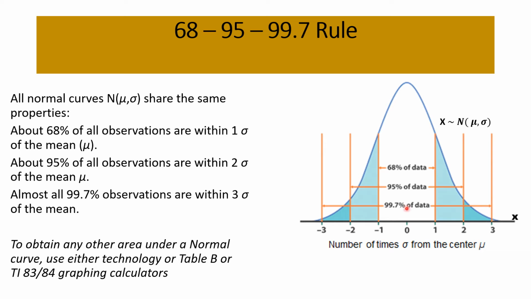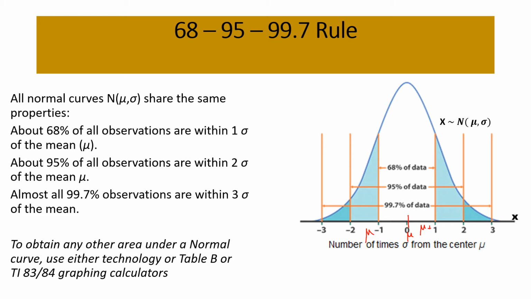So let us take the center to be the mean of this curve, that is mu, not deviated, mu plus 0. The values to the right will be mu plus 1 sigma, mu plus 2 sigma, mu plus 3 sigma, etc. In the same way, you can have values to the left as mu minus 1 sigma, mu minus 2 sigma, etc.